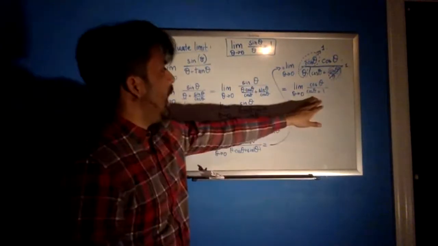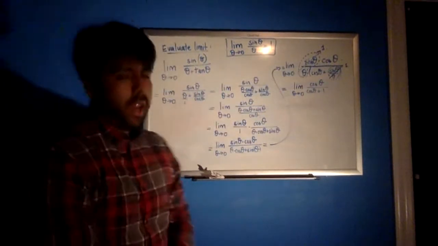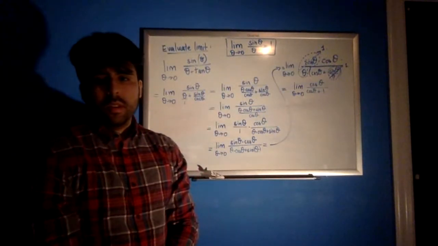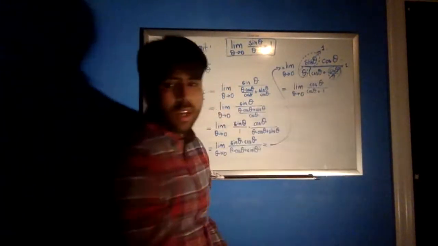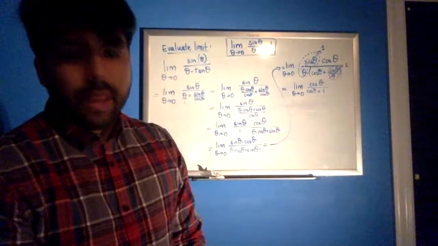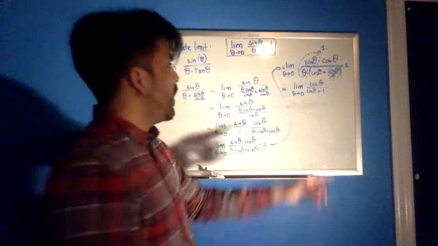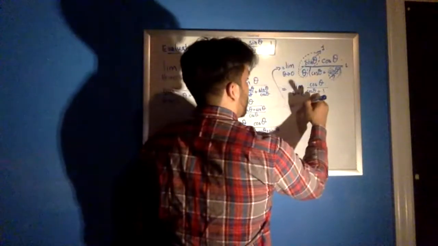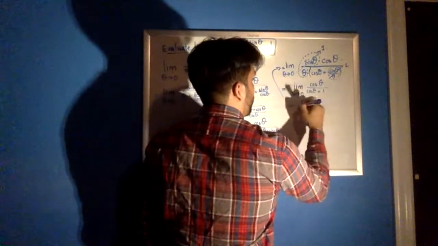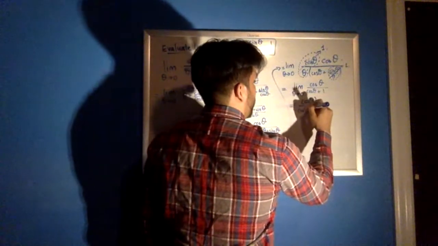And so now this is a lot better than what I had. Now what can I do? Can I plug in? I could definitely plug into this. I could plug in theta with 0. And when I plug it in, I get cosine of 0 over cosine of 0 plus 1.